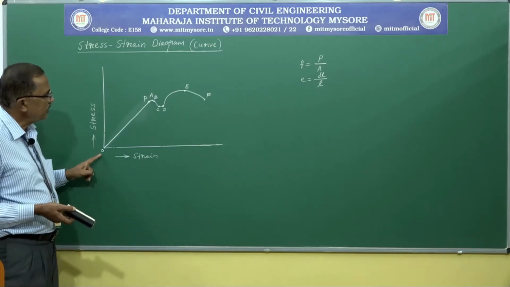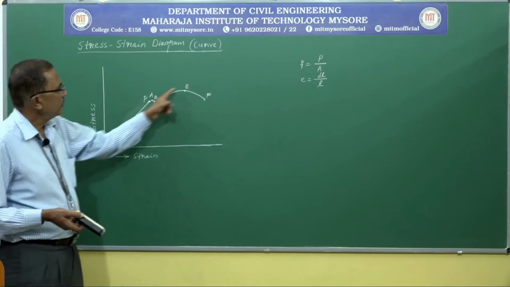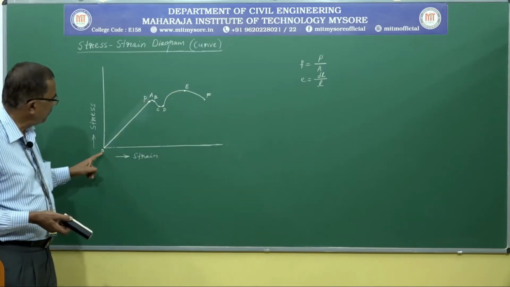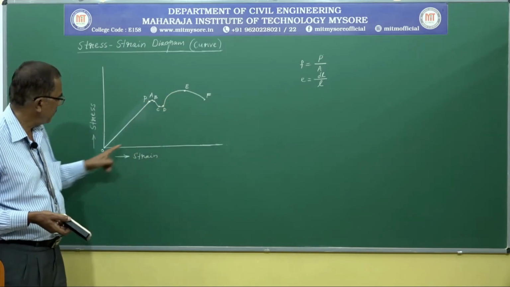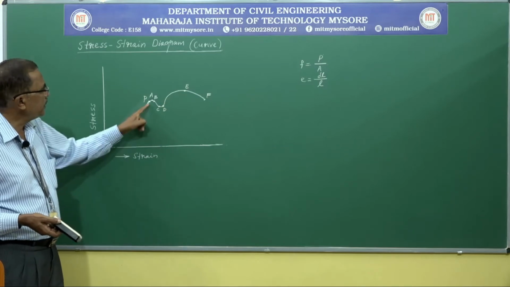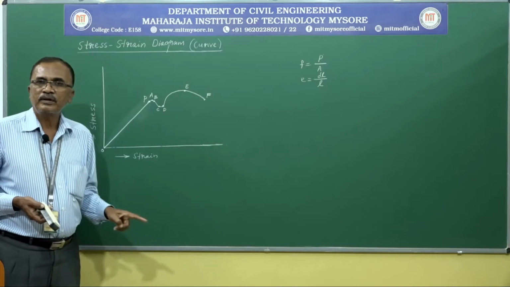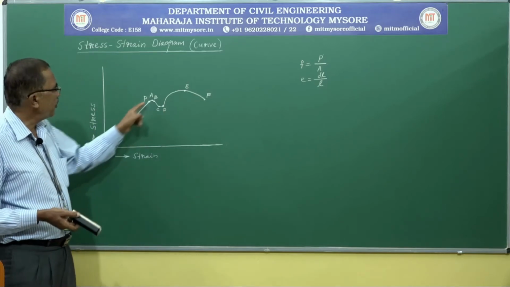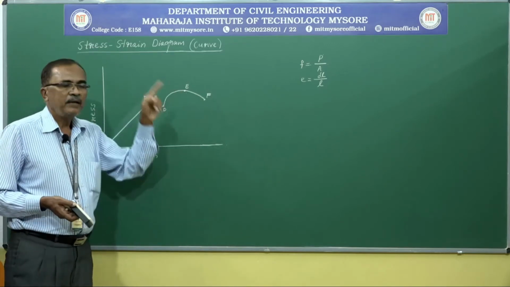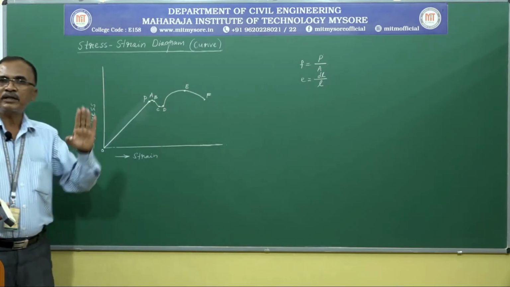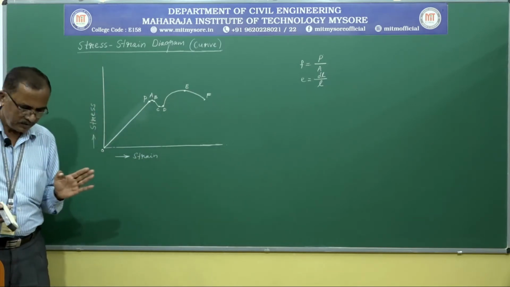We can see here the various points which we have marked: origin as O, P, A, B, C, D, E, F. So, each point can be explained based on our previous discussions.